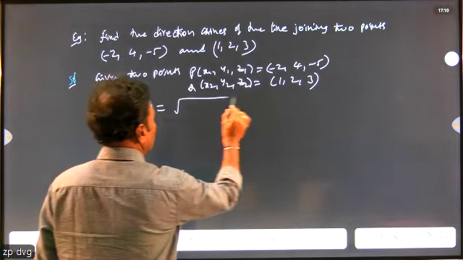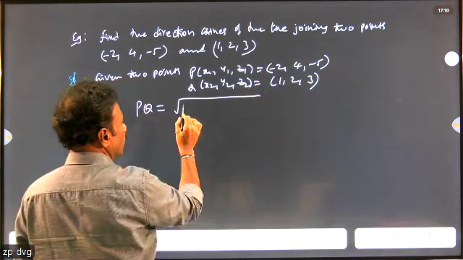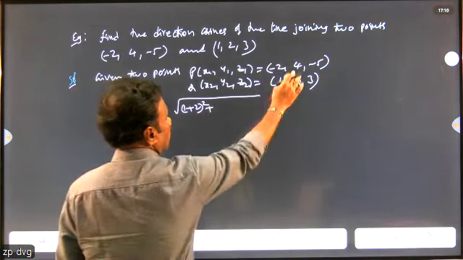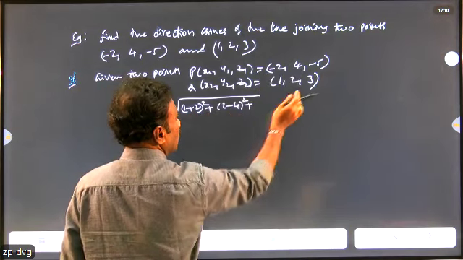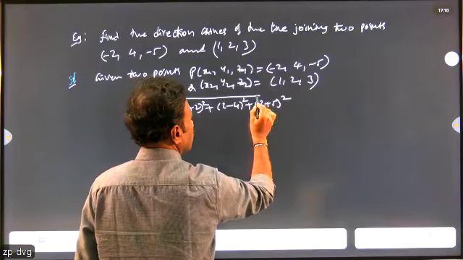You'll get the square root of 1 minus of minus 2, that is 1 plus 2 whole square, next 2 minus 4 whole square, and next 3 minus of minus 5, that is 3 plus 5 whole square.